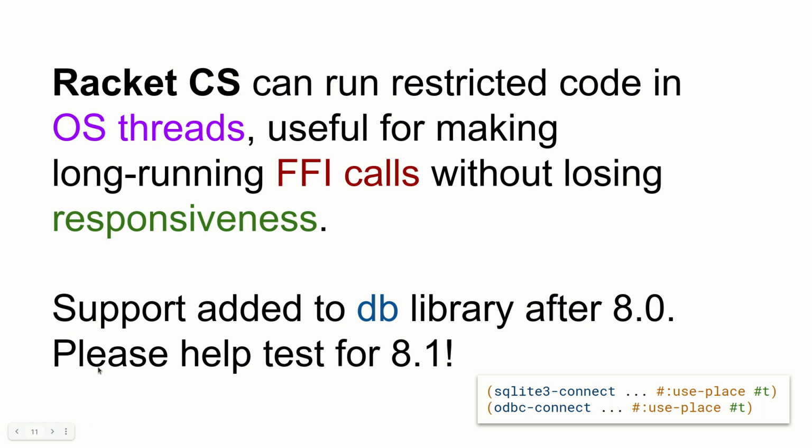I've added support for this to the database library since release 8.0. This is now the default behavior if you're running on Racket CS and you use #:use-place #t for sqlite3-connect or odbc-connect. So if you use either one of those, then please help me test this for the 8.1 release. That's it. Thank you very much.